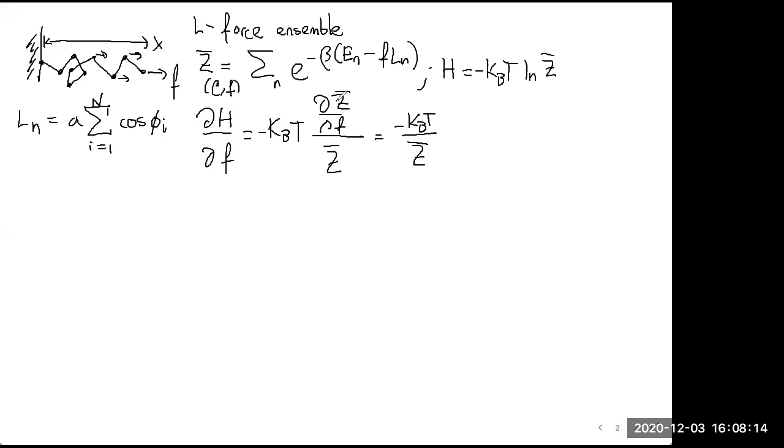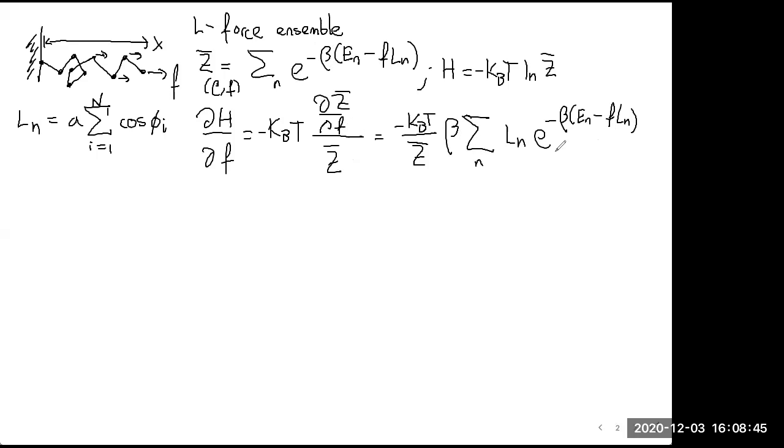So the derivative with respect to F divided by this, it's the derivative of the exponential. So there will be a beta and then L_n will come down in the derivative. Then n will be L_n, and there will be e to the minus beta (E_n minus F L_n). This is what we get.